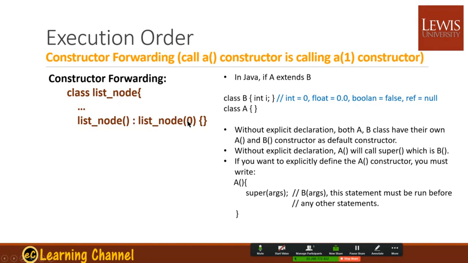If you assign the 0 value to the list node, that is the constructor forwarding. Without explicit declaration, both classes A and B have their own constructor. Without explicit construction, A will call superclass B's constructor. If you want to explicitly define A's constructor, you may write something like this: super with some parameter.